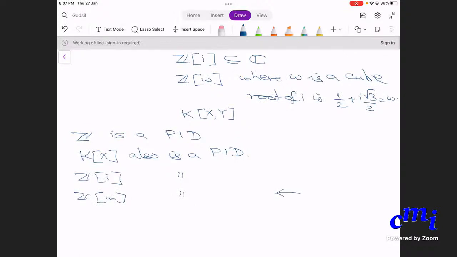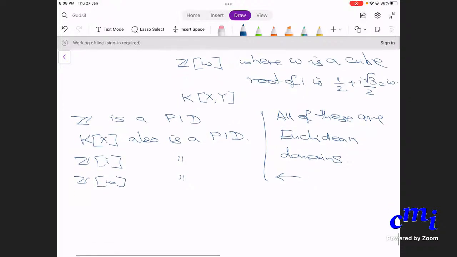It turns out that all of these theorems are true because all of these things form a class of rings called Euclidean domains. Euclidean domains are where the Euclidean algorithm holds for some particular choice of function. Maybe I'll define it if needed, but for now we won't need it. So all of these are PIDs.